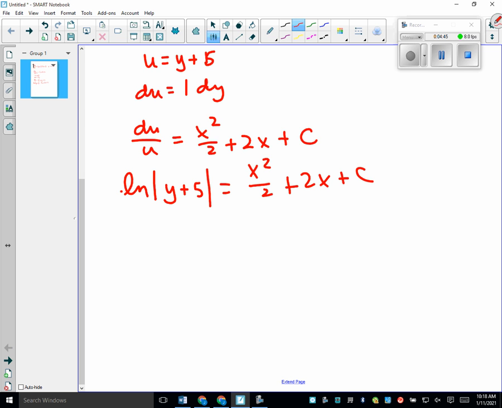So are we here? We okay with that? Now we use the given condition: y was 1 when x was 0. So do I have ln of 6 equals c?